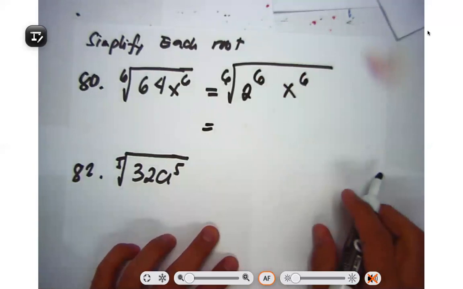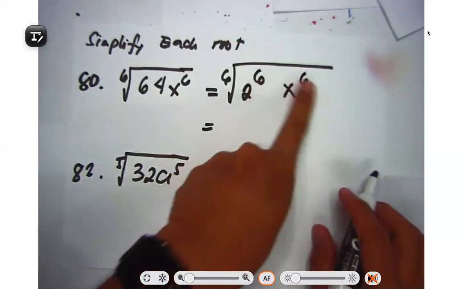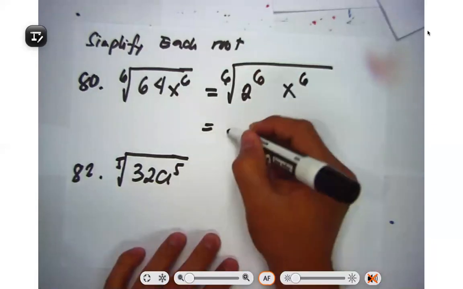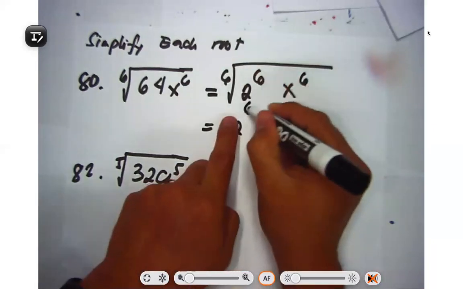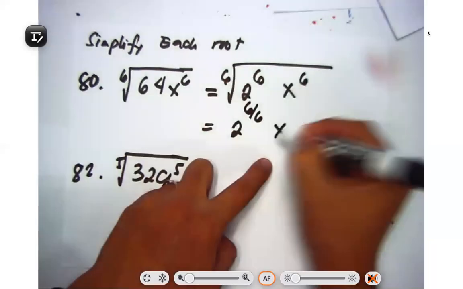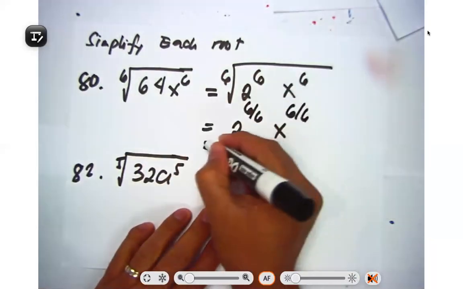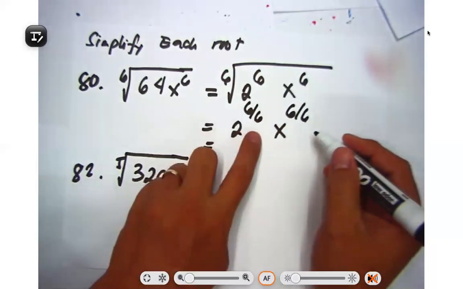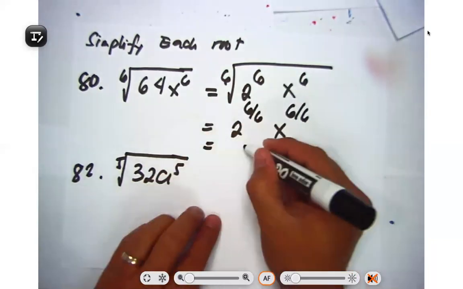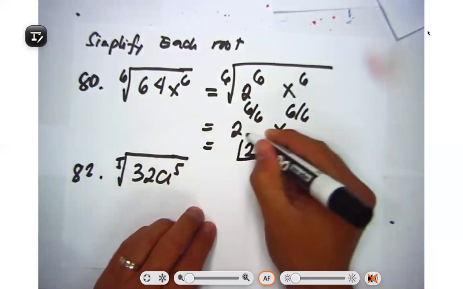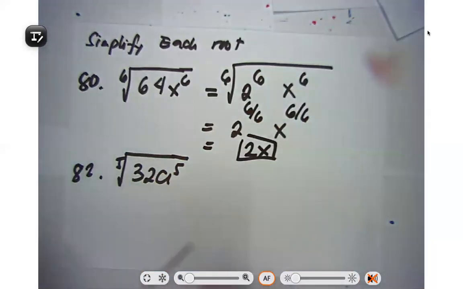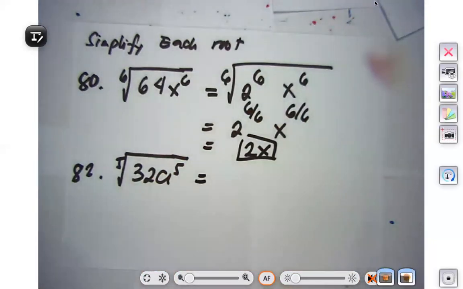Now to get the sixth root, you can divide all exponents by 6. So now we have 2 raised to 6 over 6, x raised to 6 over 6. What's the result? 2 raised to 1, x raised to 1 is simply 2x. And that's our answer. Okay. That's number 8.